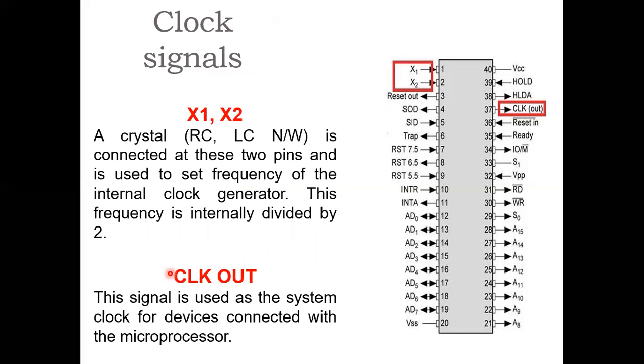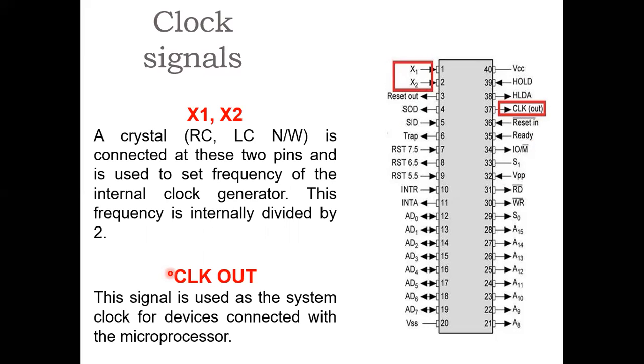Because in the microprocessor architecture, the timing and control unit generates the time pulses for all the functional blocks. So we need to design a perfect clock generator for the microprocessor.